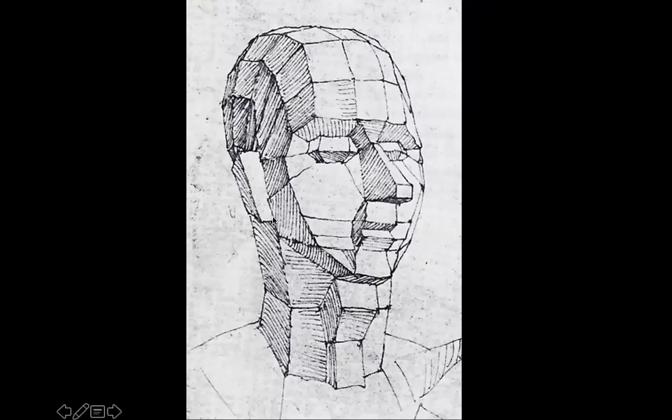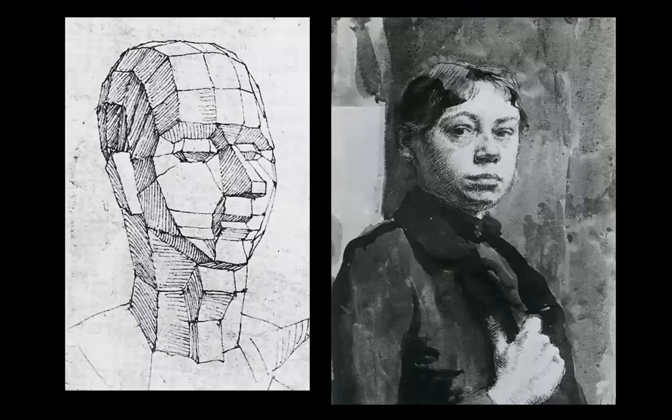Again, we looked at this planar drawing by Albrecht Dürer to help us see the way artists start to understand, again, the complexity of the human form in planar terms, and the way we can understand this simplified planar structure, and see it operating in this Käthe Kollwitz drawing, right?